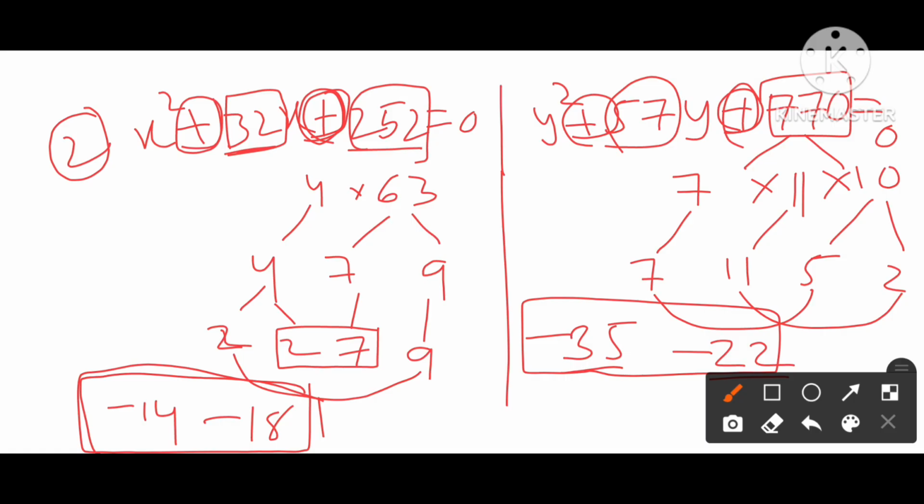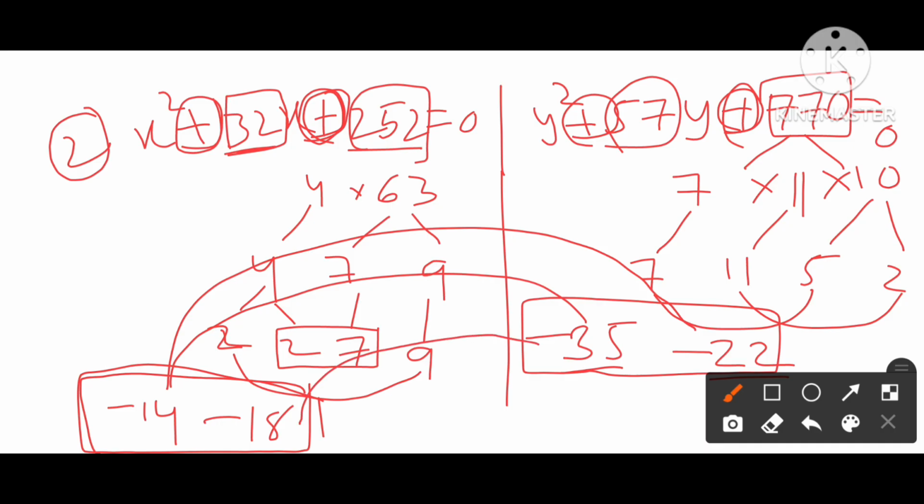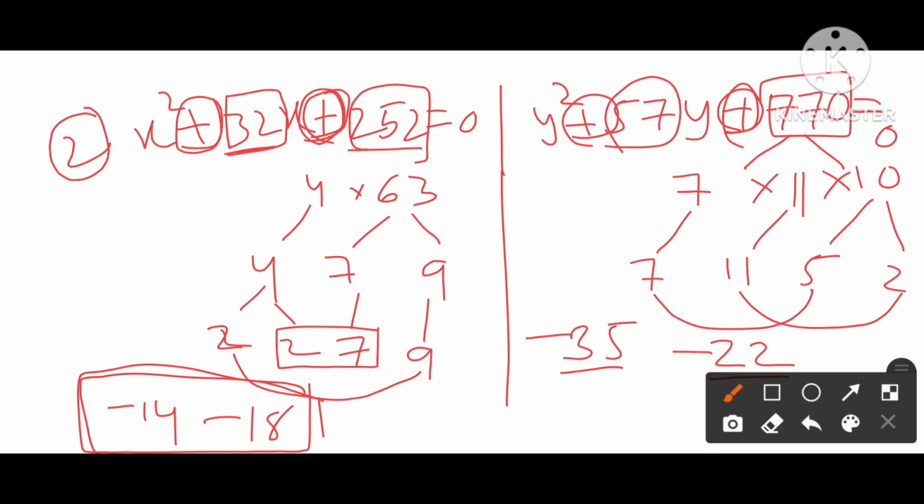By comparing these two, first we compare minus 14 with minus 35, and next we compare minus 14 with minus 22, and then we compare minus 18 with minus 35, and minus 18 with minus 22. This takes a little time, but we need to compare both the roots of x with both the roots of y.